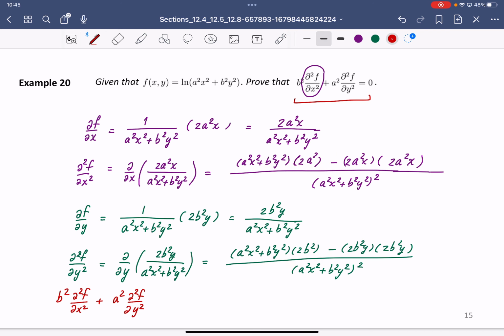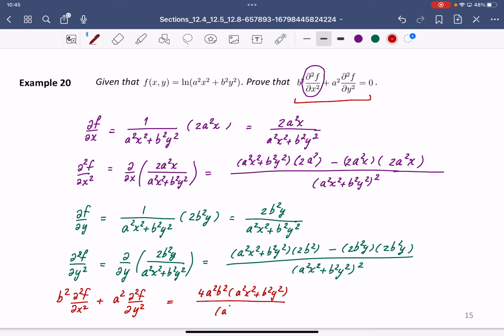So when you group it, now you're gonna get 4a square b square, a square x square plus b square y square. This is the first term. And the second term, we multiply this thing with b square now. So this is actually 4 times a to the 4th power x square and then b square.